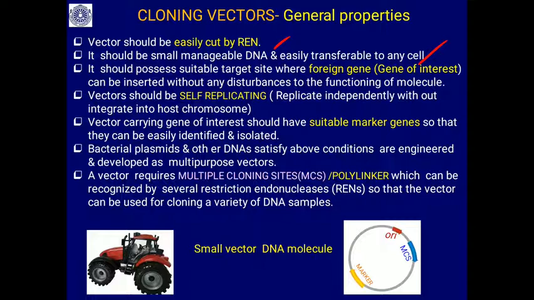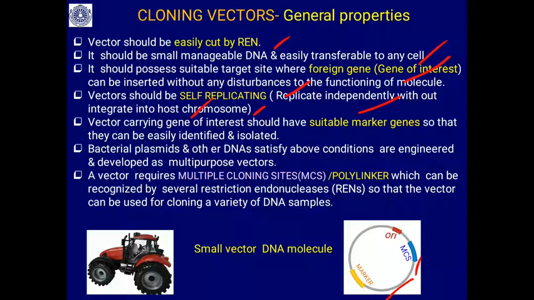It should possess a suitable target site where the foreign gene of interest can be inserted without any disturbance to the functioning of the molecule. So it has a proper region where we can insert our gene, and it is not going to disturb this DNA as well as the host DNA. The vector should be self-replicating, replicating independently without integrating into the host chromosome.